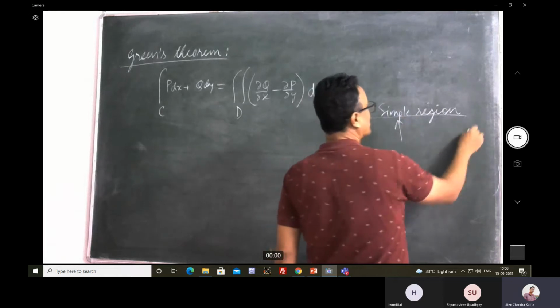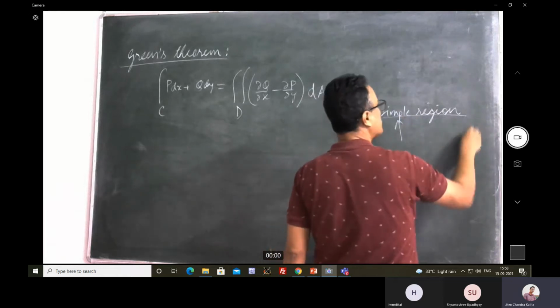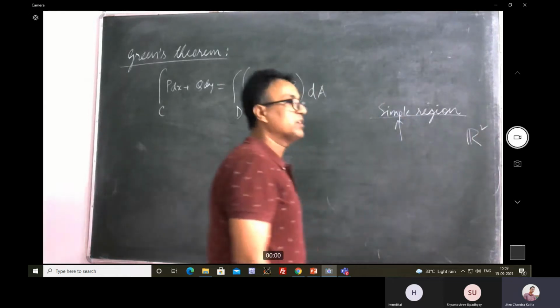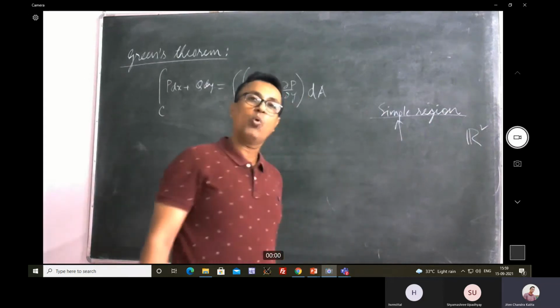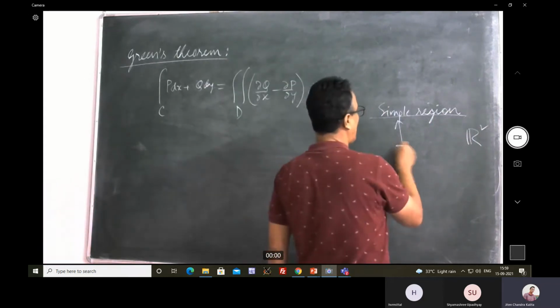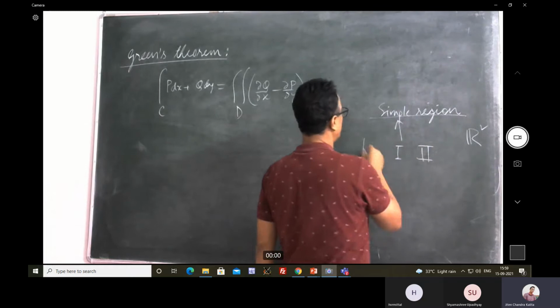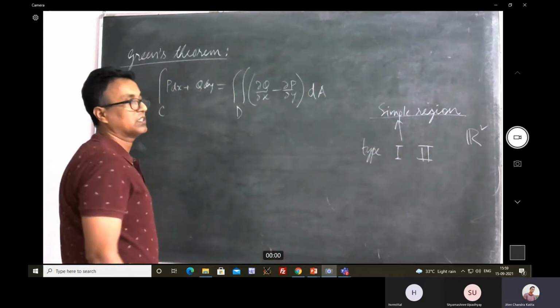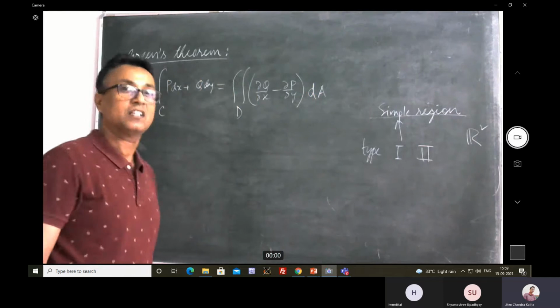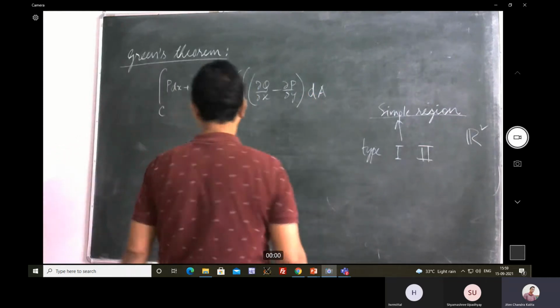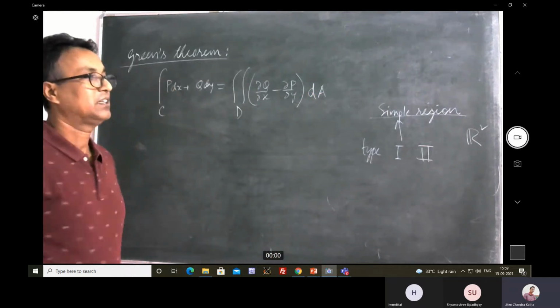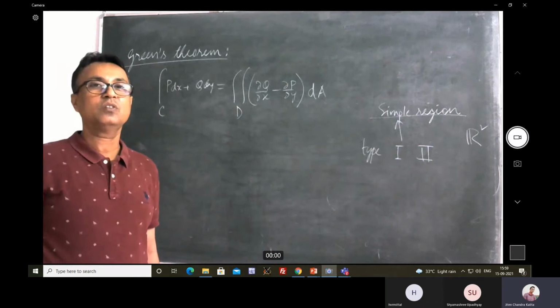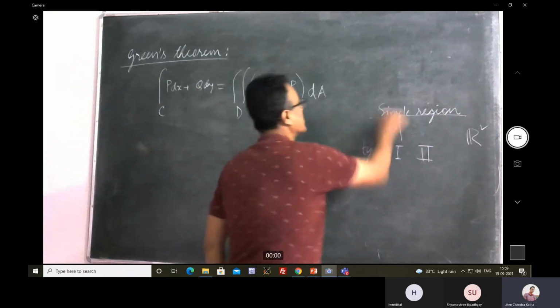Of course, I am talking about regions in R2. A simple region is one which can be expressed both as a type 1 and a type 2 region. So here I'm going to prove it for a simple region.